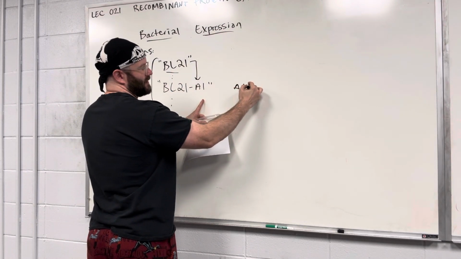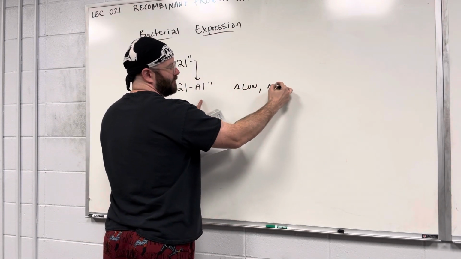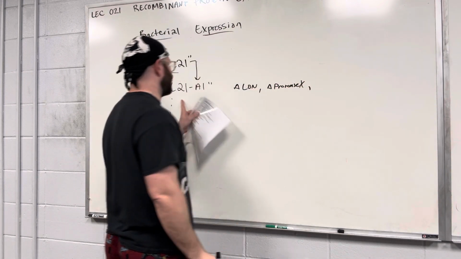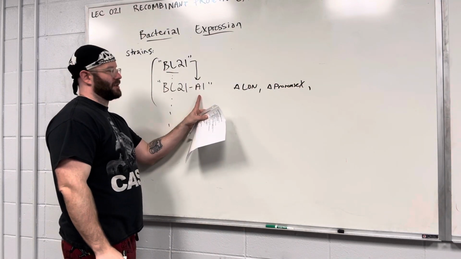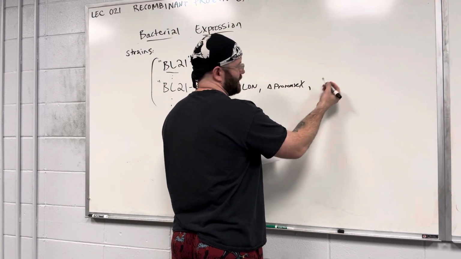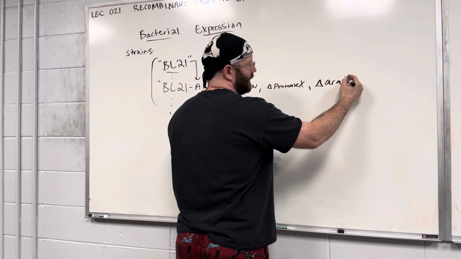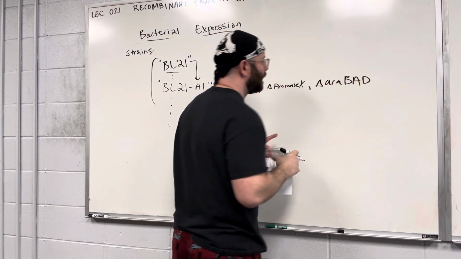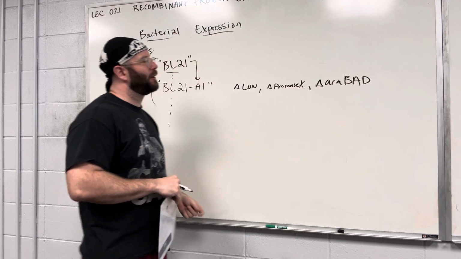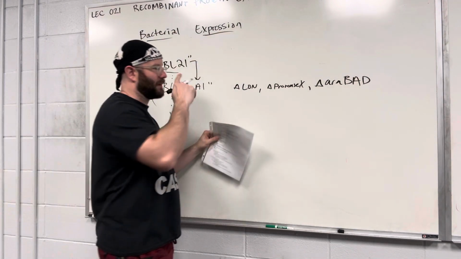BL21AI is a spawn off of BL21. So it's got its deletion of ln, it's got its deletion of other proteases, let's say protease X, and it's got another mutation or unique thing about its genotype. You'll usually see something like delta AraBAD. Does anybody remember what this comes from? Arabinose metabolism. Yes, this is arabinose metabolism.